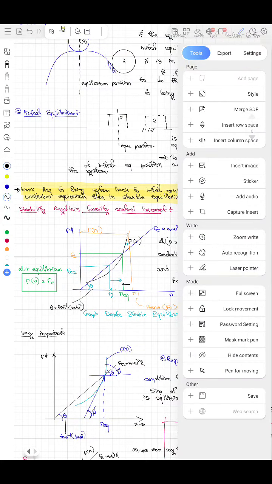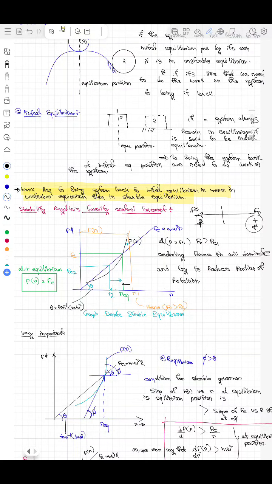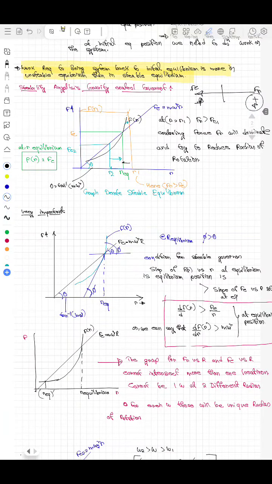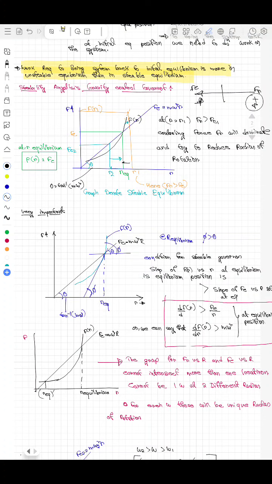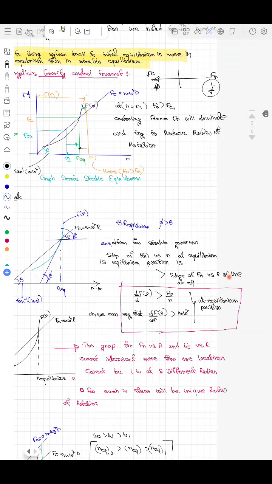So let me put it here. Now what will happen? This is the graph, and you can see the angle for FC and the angle for FR, which we are pointing at here. At the equilibrium position, the angle theta is less, and the angle phi is more. So the condition for a stable governor is that the slope of the FR line, the radius, is greater than the slope of the straight line in equilibrium.